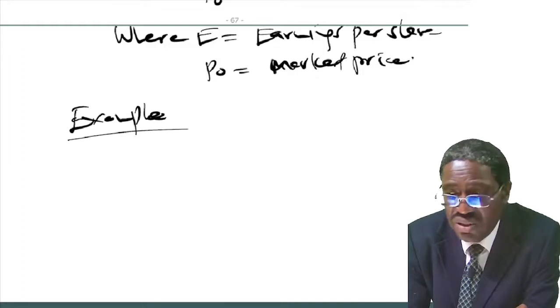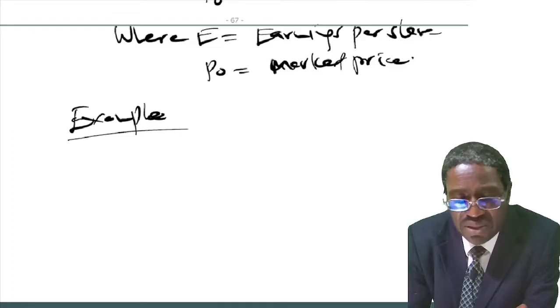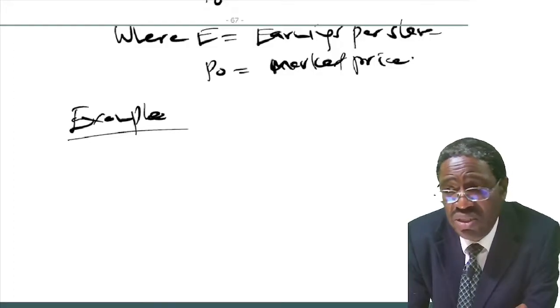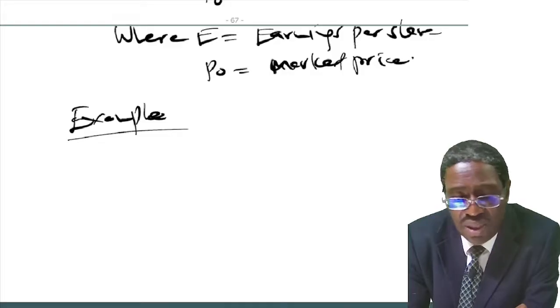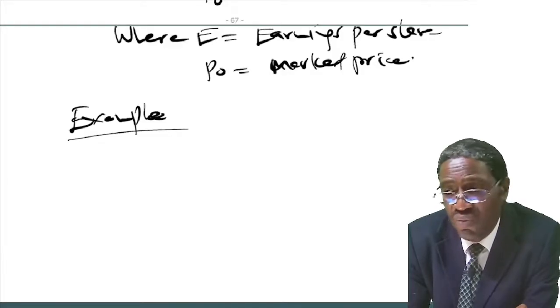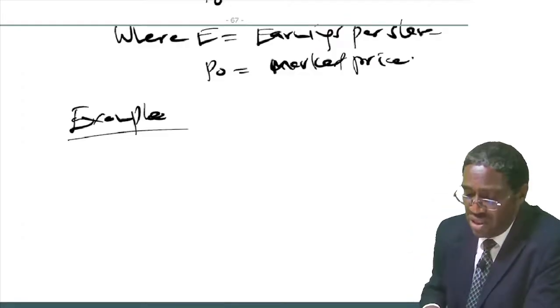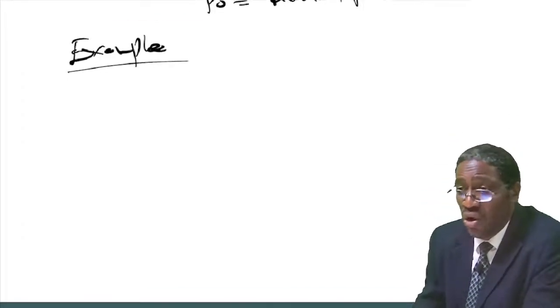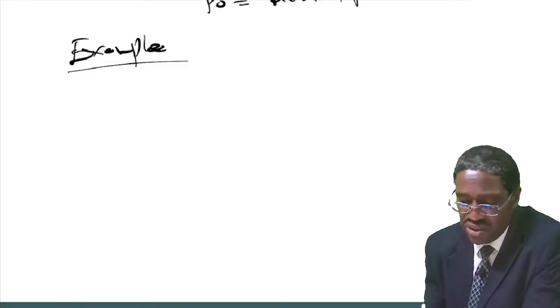And the growth rate is 5%. Required: calculate the cost of the ordinary shares.